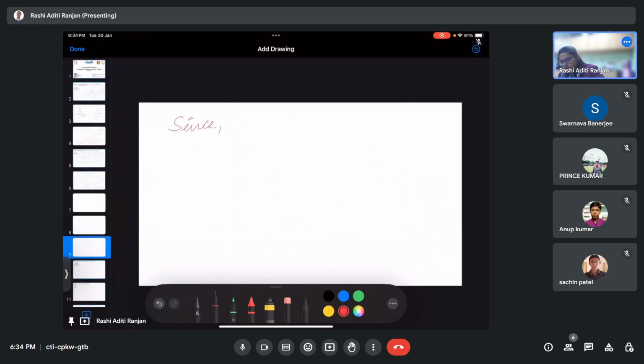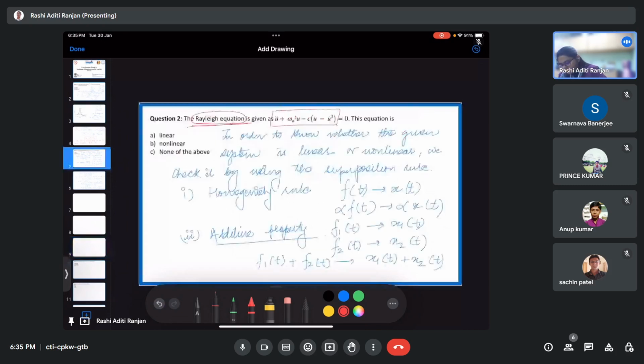Since the given equation does not satisfy the superposition rule, it is non-linear. Correct? So if I come back to this question, the answer to this question would be non-linear.